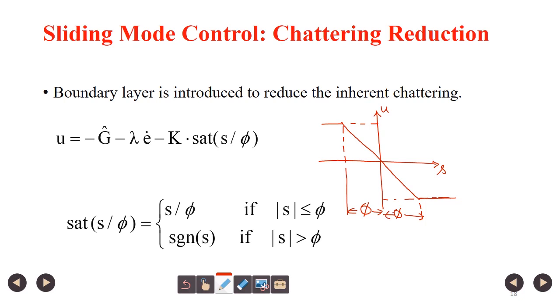Inside the boundary layer the gain is reduced. So, instead of using only signum of S, it is changed to saturation of S by phi. Signum of S is replaced by saturation of S by phi, which is defined like this. So, this is how the gain is reduced within the boundary layer to reduce the chattering. Thank you for attention.